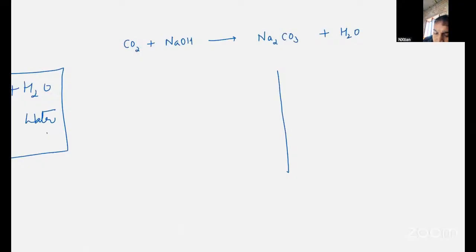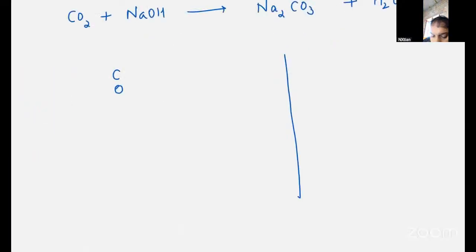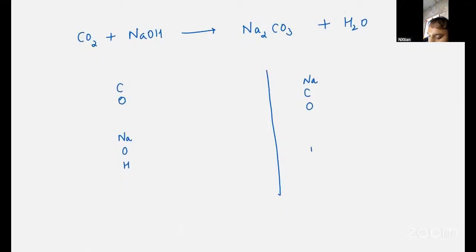I will write them near each other like this. In the same way, Na, O and H are in one compound. Na, C and O are in one compound. And H and O are in one compound. I will write them near each other.